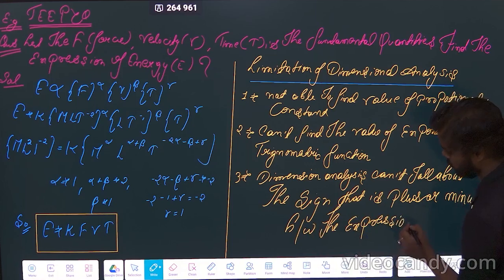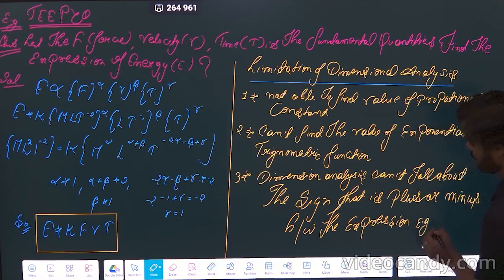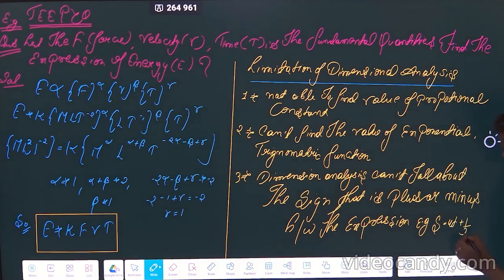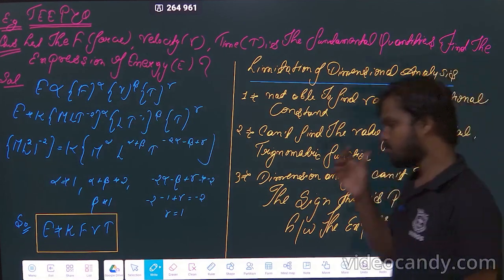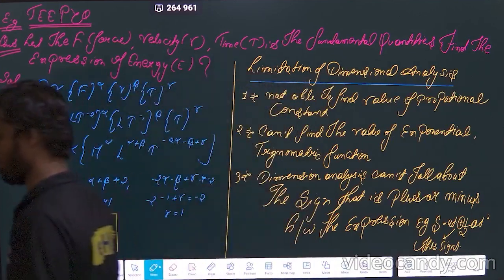For example, in ut plus half at square, it cannot tell about this sign. Clear? Just note it down.